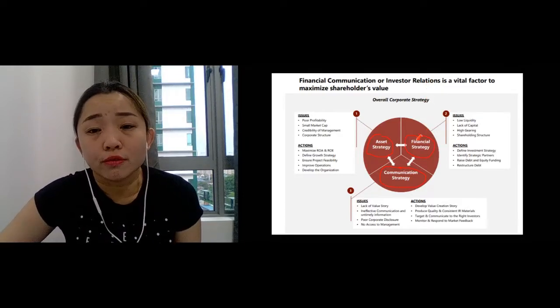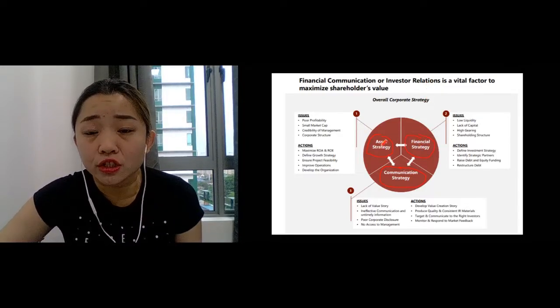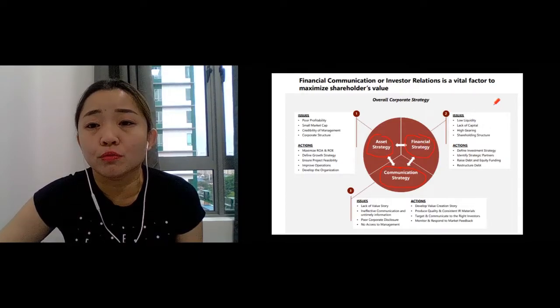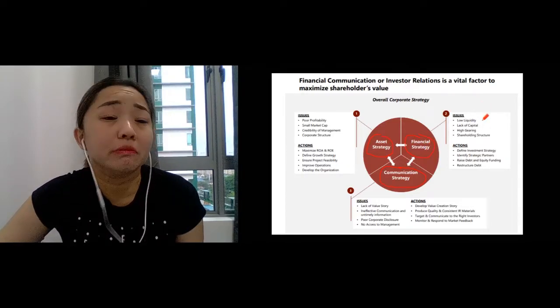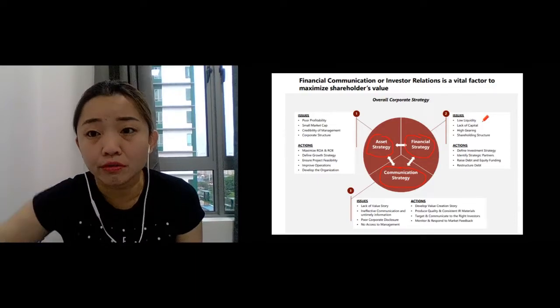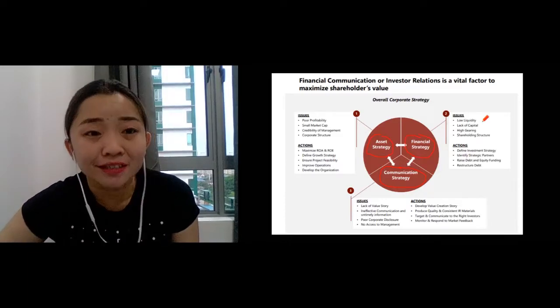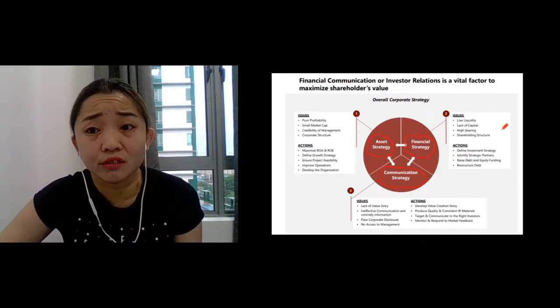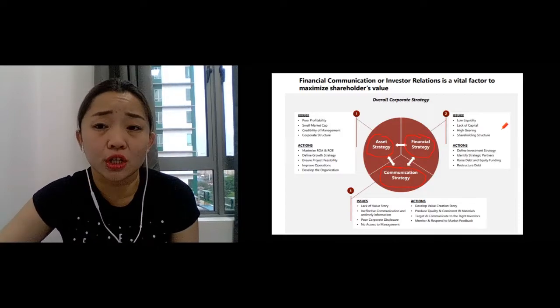Now, usually when you talk about financial issues, what you always have issues with are things like not enough money, right? So low liquidity, that means you don't have enough cash going around, lack of capital. High gearing, that means spent a lot, and of course there's a problem with your structure as well.